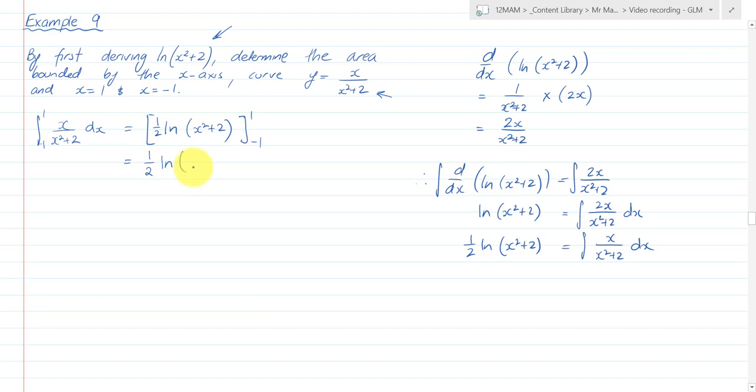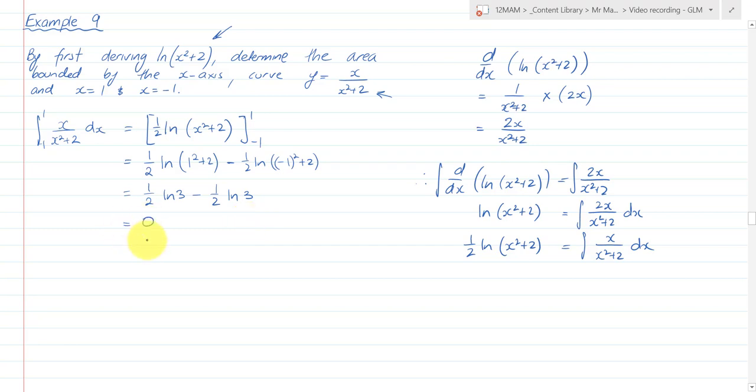A half log 1 squared plus 2 minus a half log negative 1 squared plus 2. And this is a little bit of a problem, because I can see here that we're going to come out with a half log 3 minus a half log 3, which of course is equal to 0.